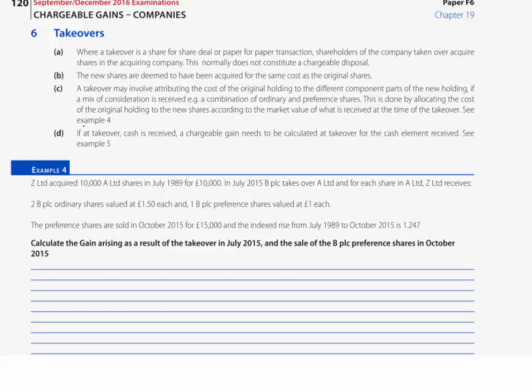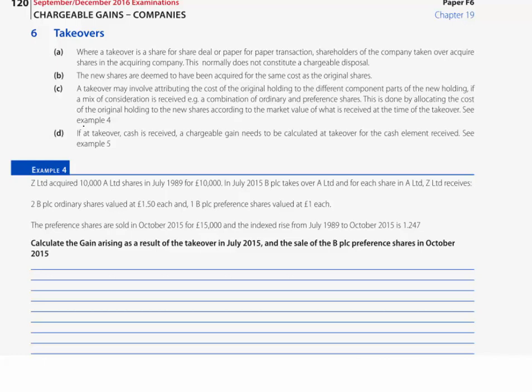Now that's known as a share for share deal, a paper for paper deal, and if that is the case, then if you are only receiving bits of paper, no gain will actually arise in relation to that takeover. But of course the problem that you now face is, instead of owning shares in A plc, you now own shares in V plc.